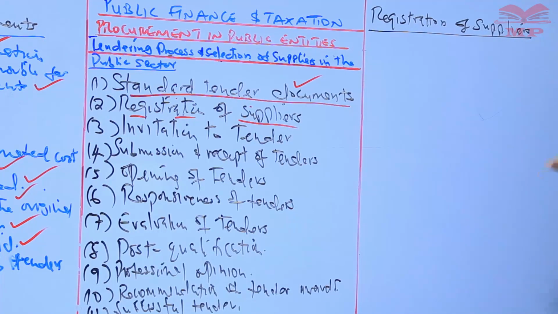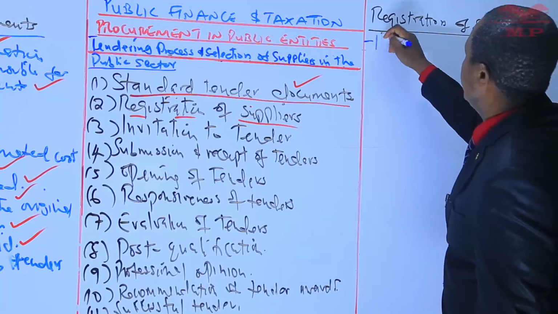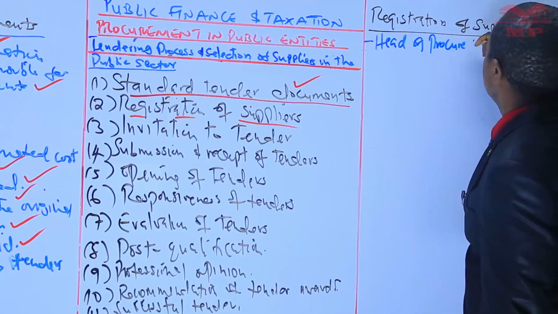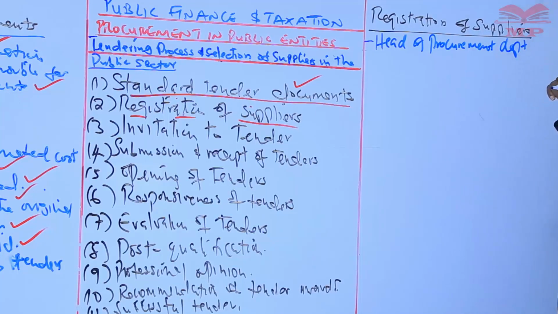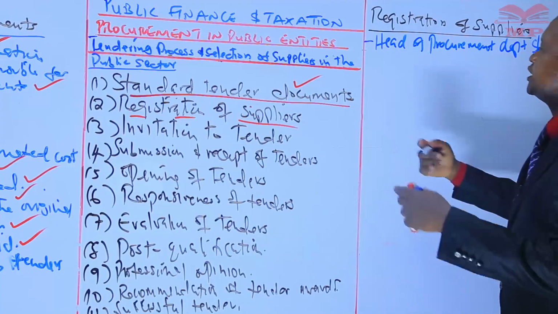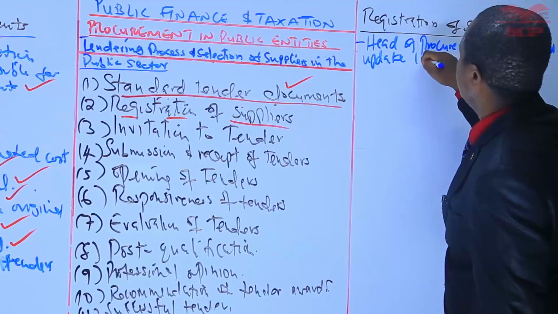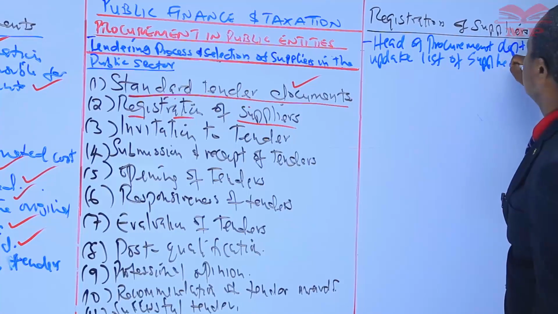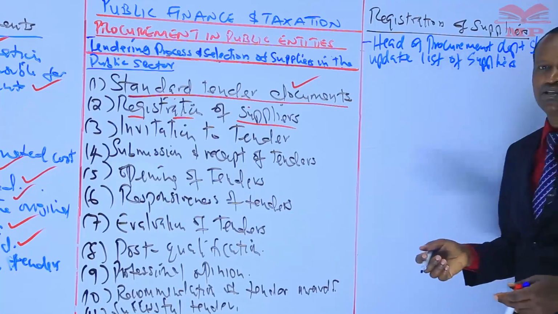So the head of procurement department should continuously update the list of suppliers. It's a continuous process.